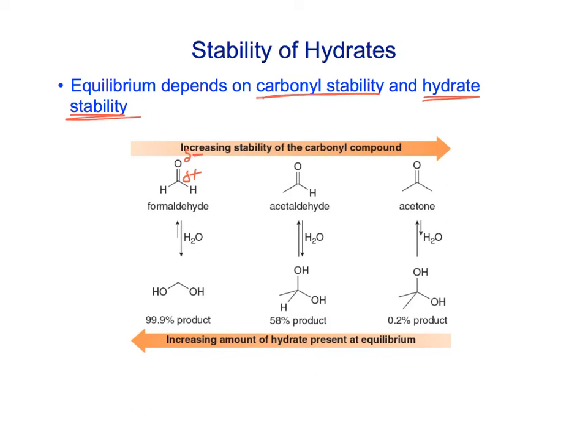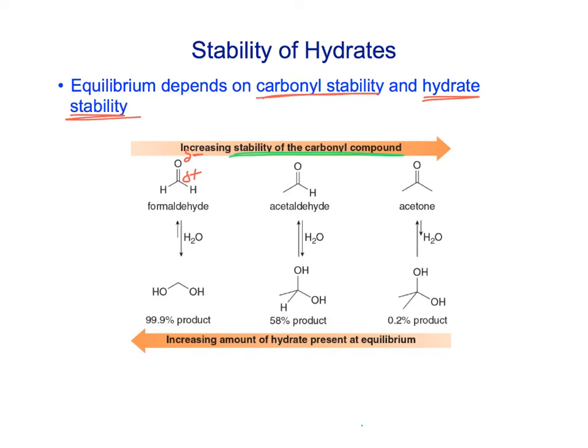Because they can donate electron density. Okay, so if we look at the carbonyls up across the top, we see that we're increasing the stability of the carbonyl group as we add alkyl groups. Okay, from formaldehyde to acetaldehyde to acetone. It's getting more stable going to the right.